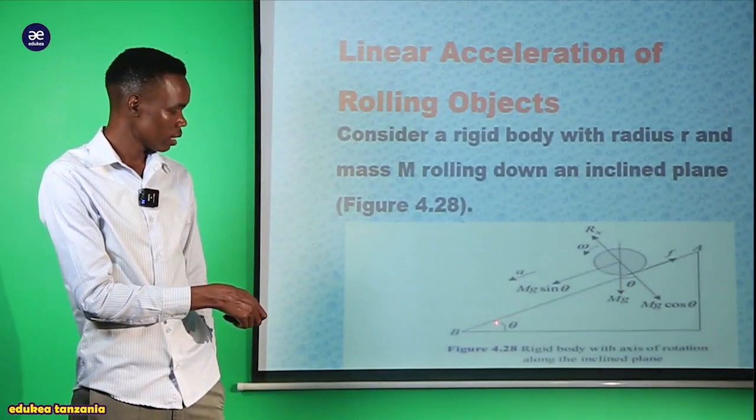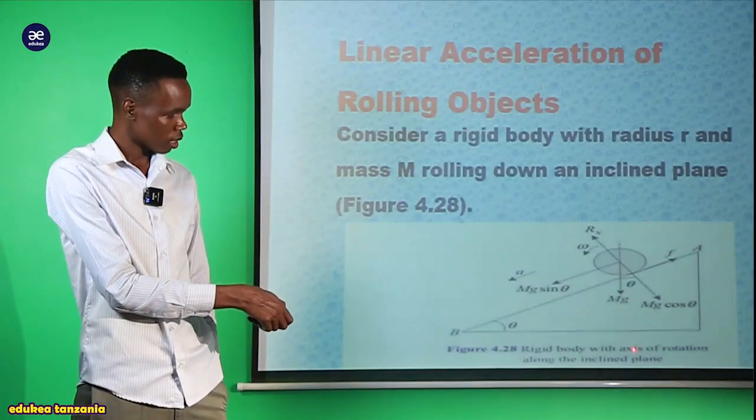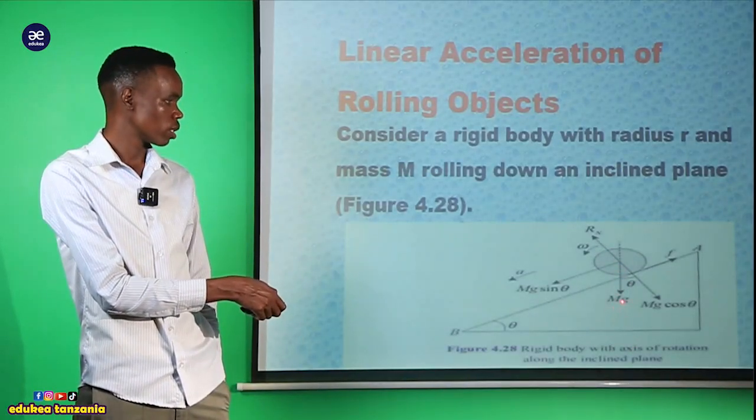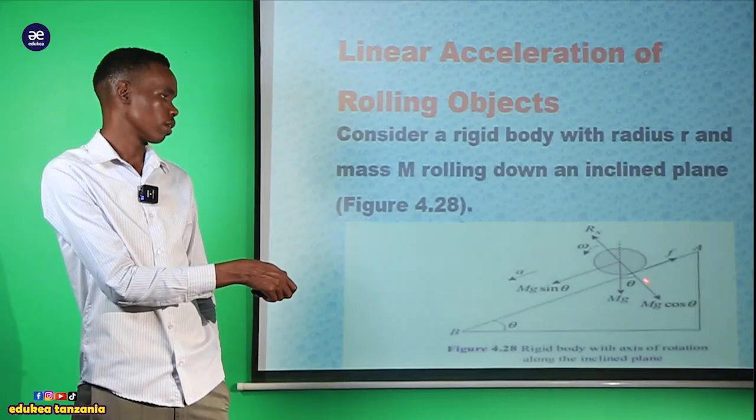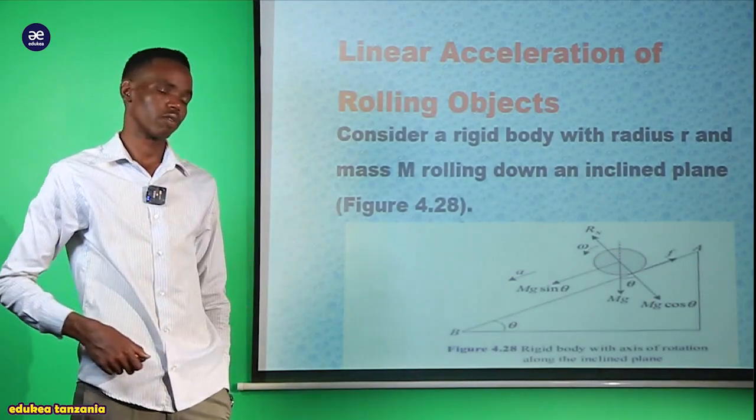by considering that this angle here is the same as the angle that is formed around the vertical downward force, which is called mg, we could get a horizontal force and also a vertical force.